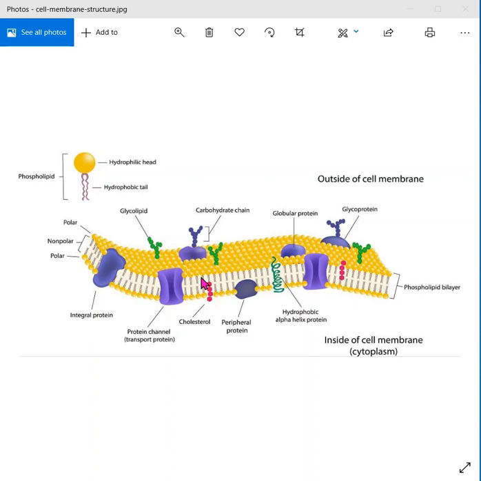It really helps the cell to be selectively permeable. That means it helps only some molecules pass through and keeps all the other molecules out of the cell. I hope this helped you to understand the structure of the cell membrane.